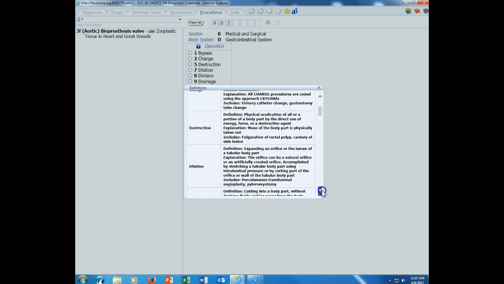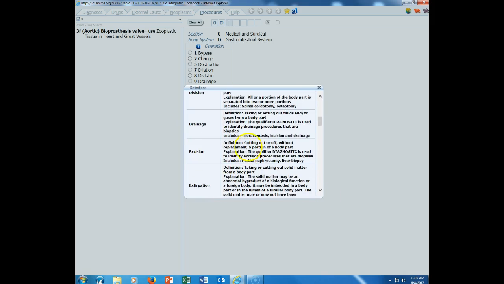If I go down to, or in your book, you can look at excision. In this first set of procedures that always remove some or all of a body part, you can see that excision is cutting off without replacement a portion of a body part. The key term here is portion.